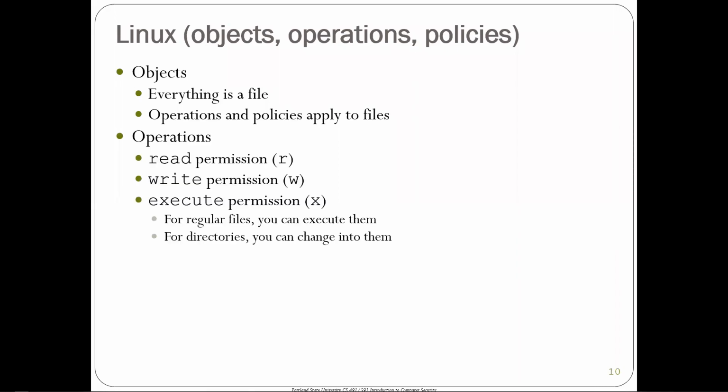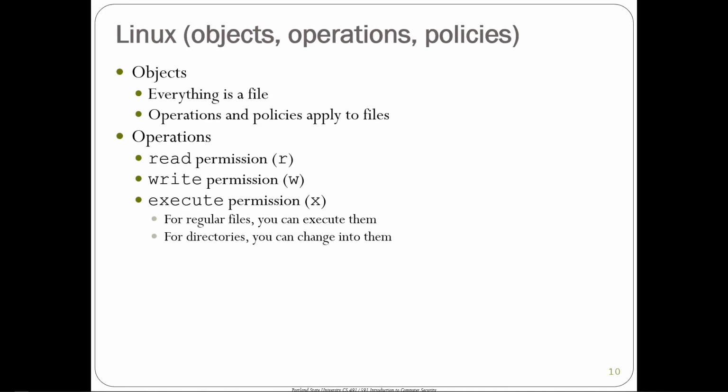In terms of the different operations that Linux allows, there are three. There's the read access, the write access to that file, and then there's this execute permission. And execute has two different semantics based on the kind of file you associate that bit with.